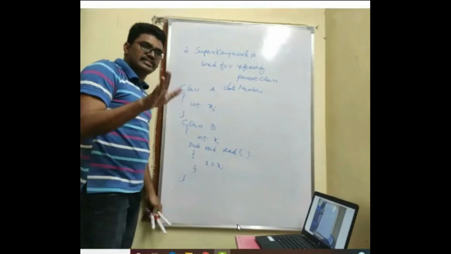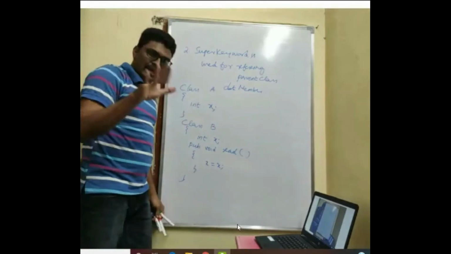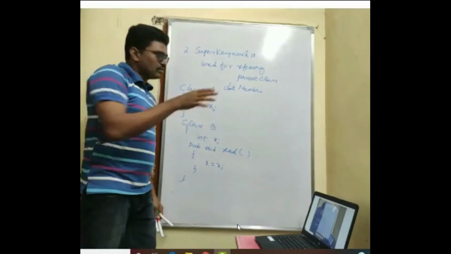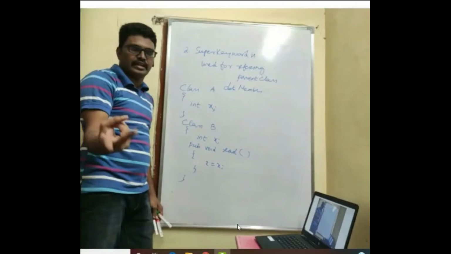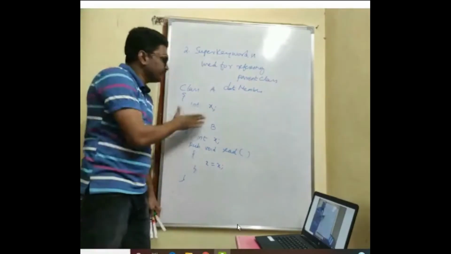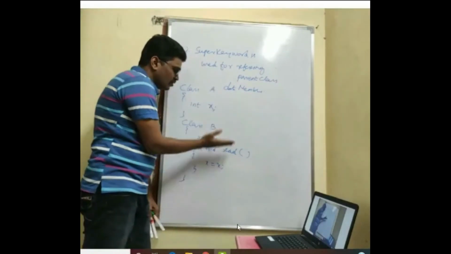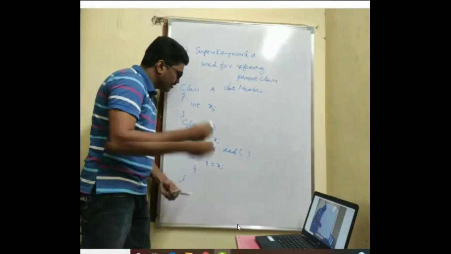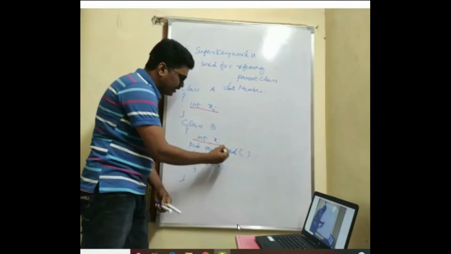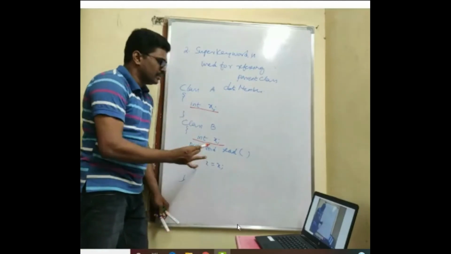In the this keyword case, in the same class you have a local variable and a class data member with the same name. But here you have a base class and a derived class, and the base class variable name and the derived class variable name are the same.